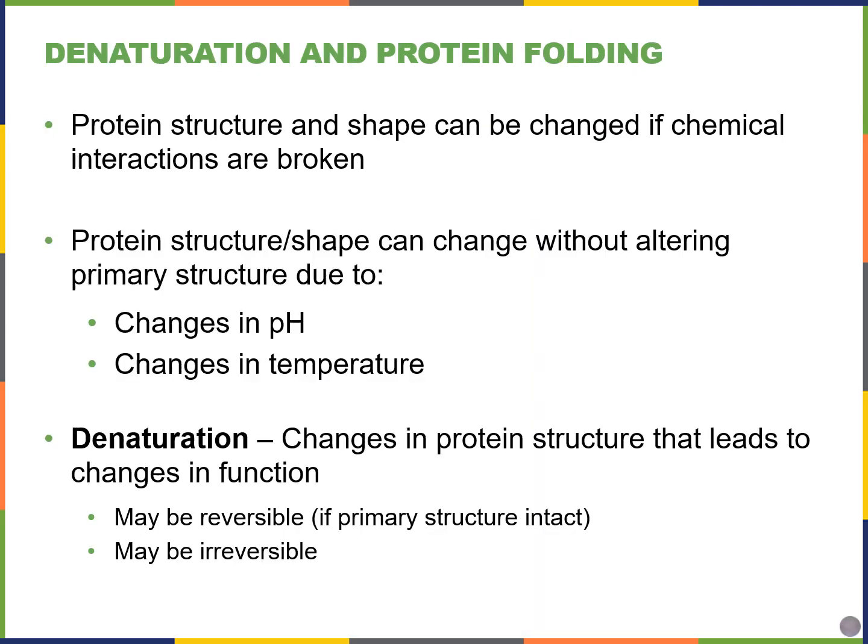The thing about protein structure in that three-dimensional shape is that it can be changed if the interactions between those R groups or between those polypeptide chains are broken. And how can you break them? You can take a protein and move it to a different pH or change the temperature of the environment. Those are probably the two most common ways.